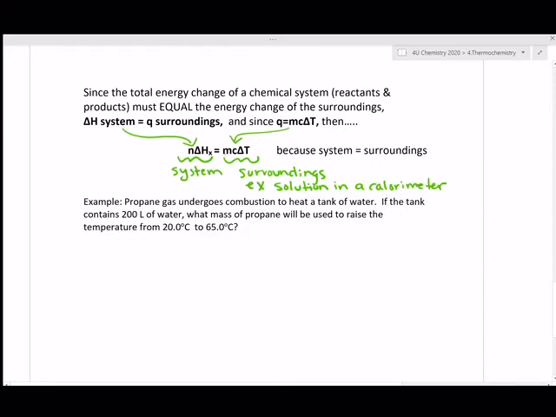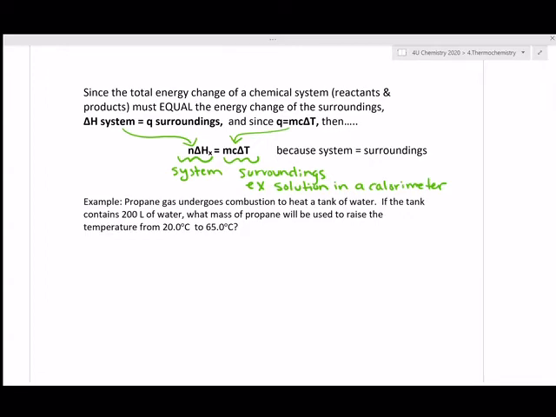So you'd need to know the mass of it, the specific heat capacity of water, which we can look up, and then the temperature change of the water in your calorimeter. And then all of that would have to be equal to what happened with the system, how much, and what the molar enthalpy of that reaction was.